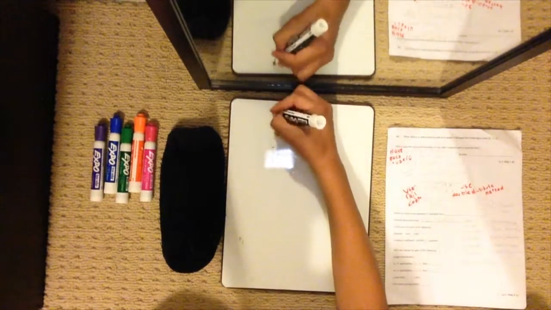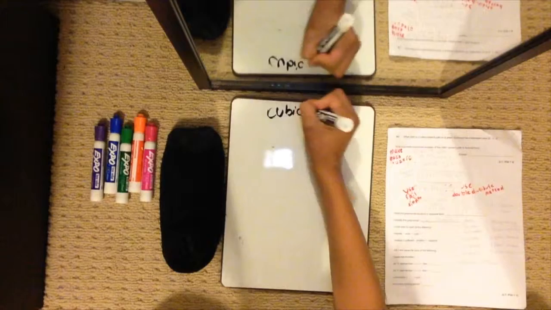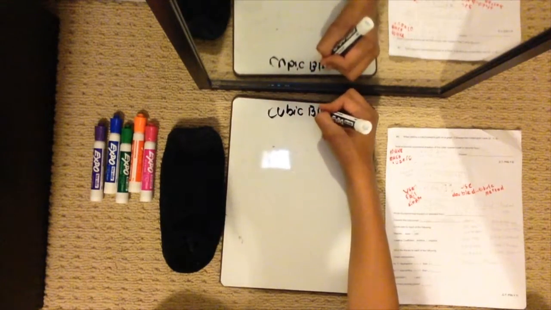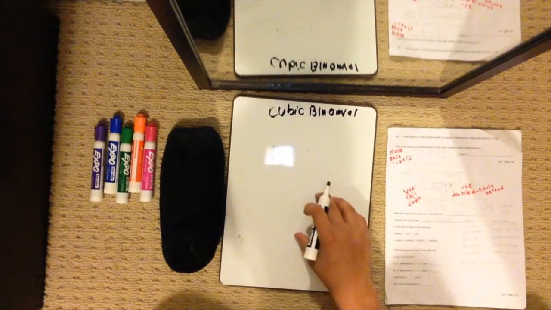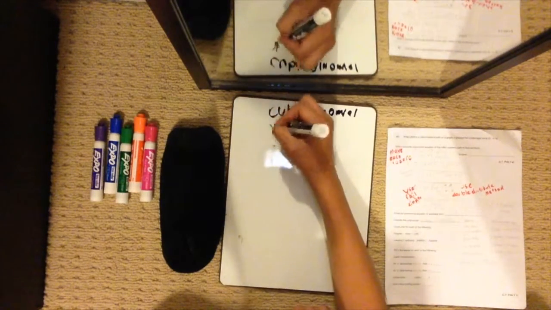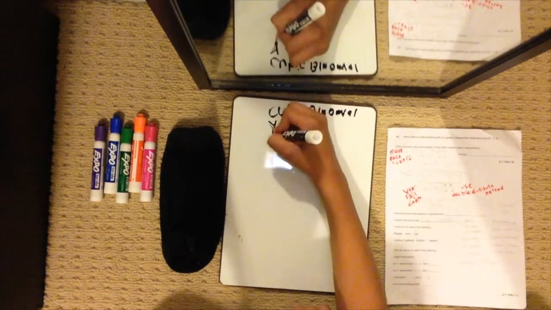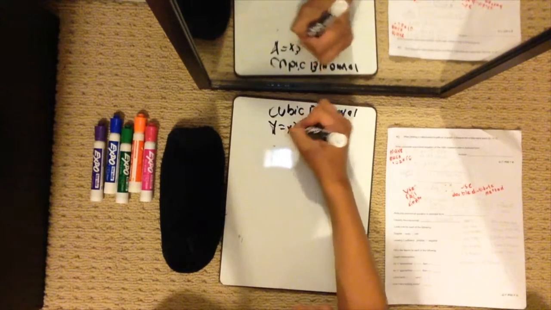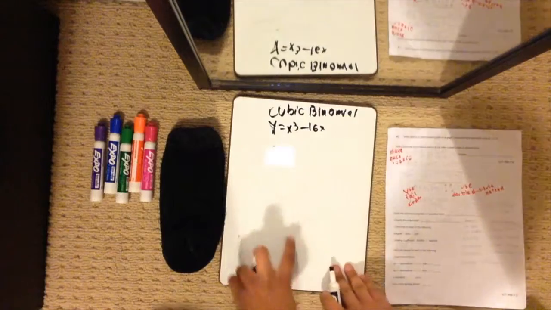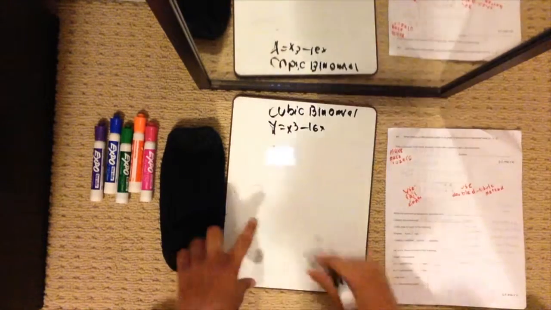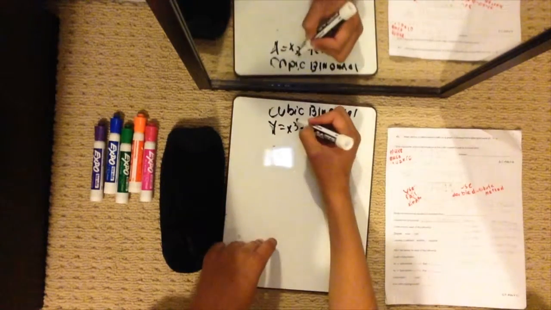So this polynomial is a cubic binomial. And the way you figure this out is from the standard form of this polynomial, which is y equals x to the third minus 16x. The way you find the cubic part, the first part, is the degree, or the highest exponent, which is 3.